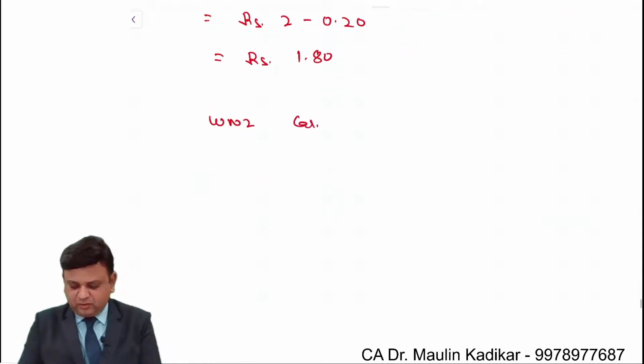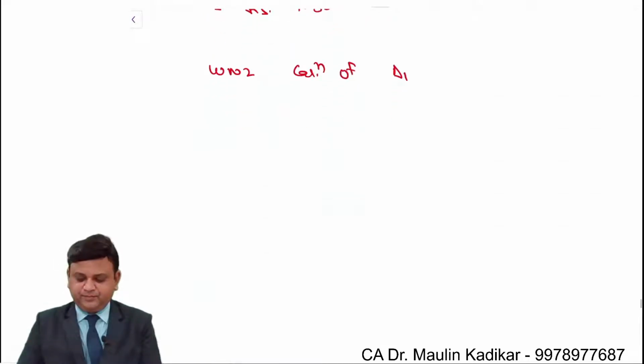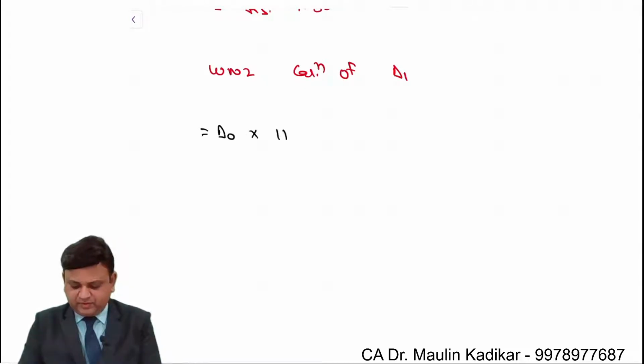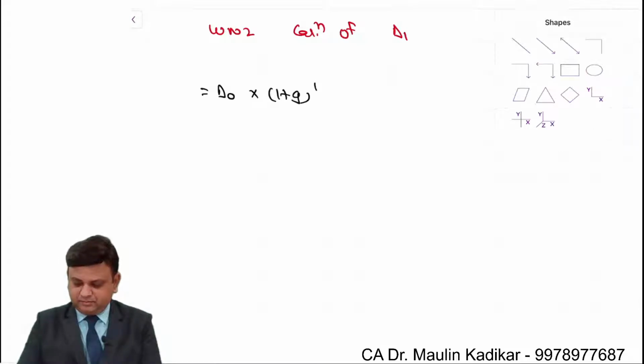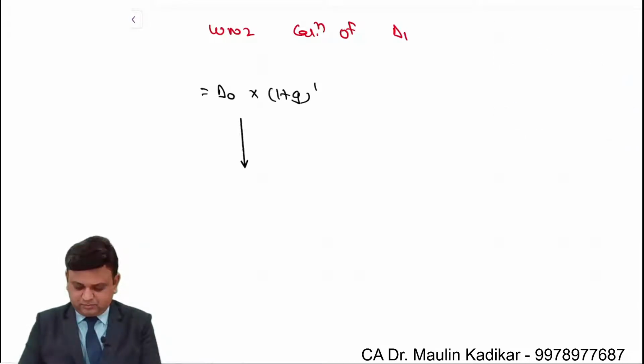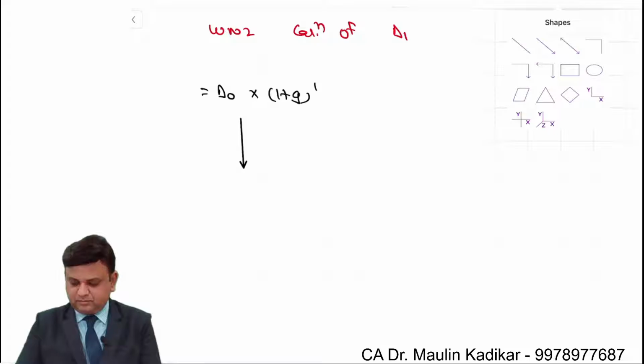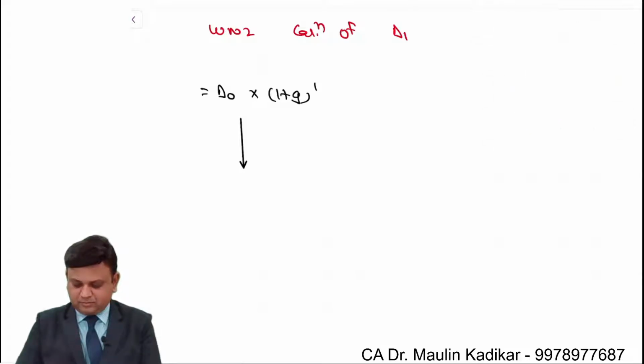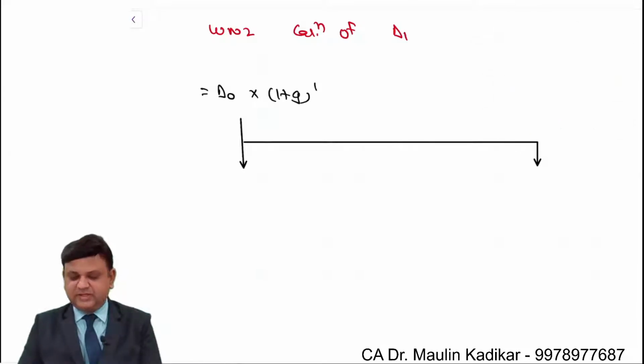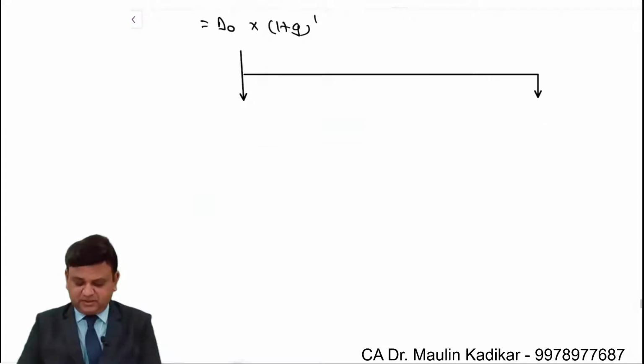Next, working note number 2, calculation of D1. D1 will be found as D0 into (1 plus g) raised to 1. So we understand it said before and after budget.